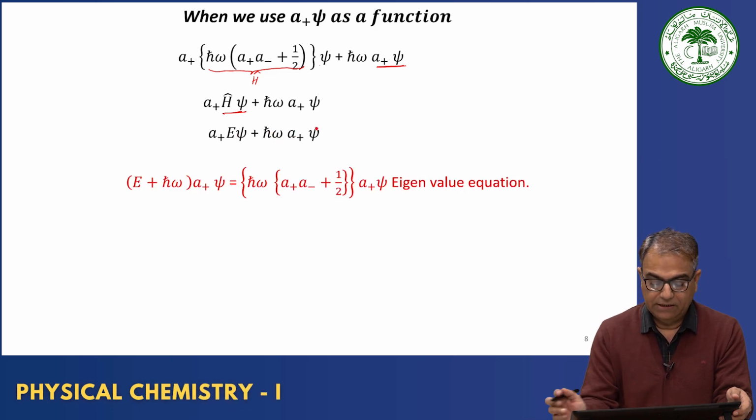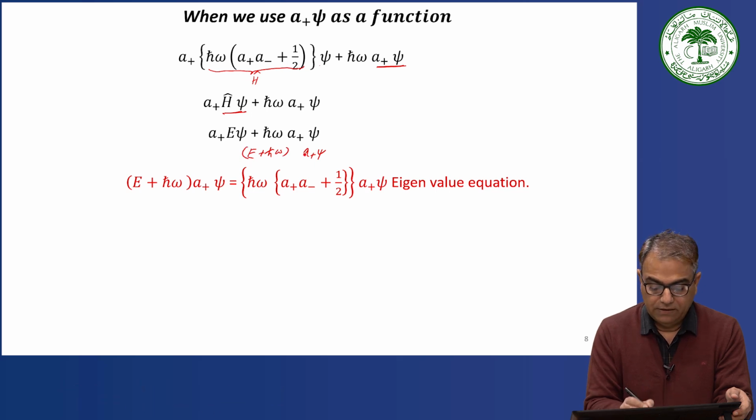Then if you take A plus psi common, what do you get? E plus h cross omega. So you get E plus h cross omega times A plus psi, which is equal to the Hamiltonian applied to A plus psi. You get A plus psi here also and A plus psi here also.